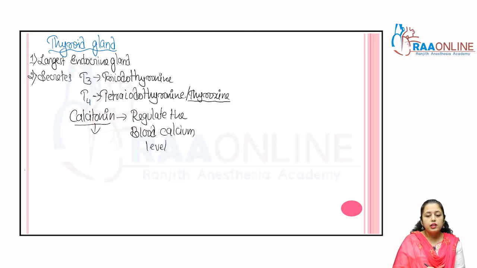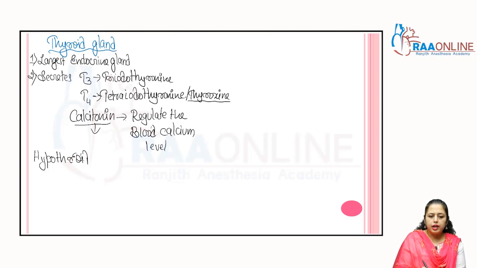That's why memory loss is also there in hypothyroidism cases. There are so many things, the menstrual cycle is disrupted. So if the thyroxine level, T3, T4 and TSH secretion is deficient, that condition is known as hypothyroidism.